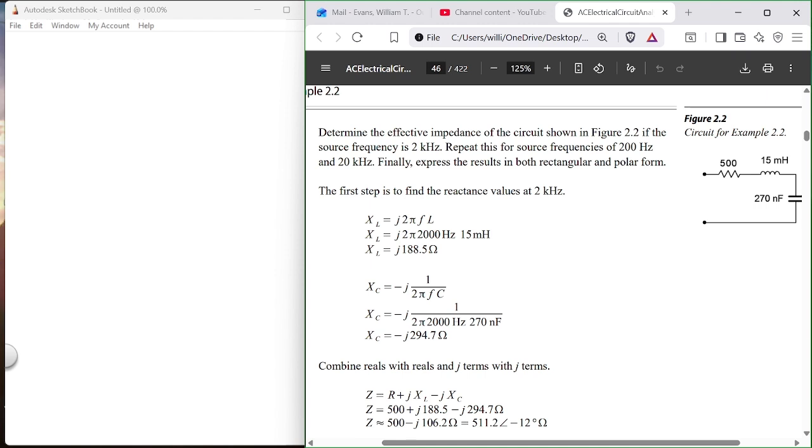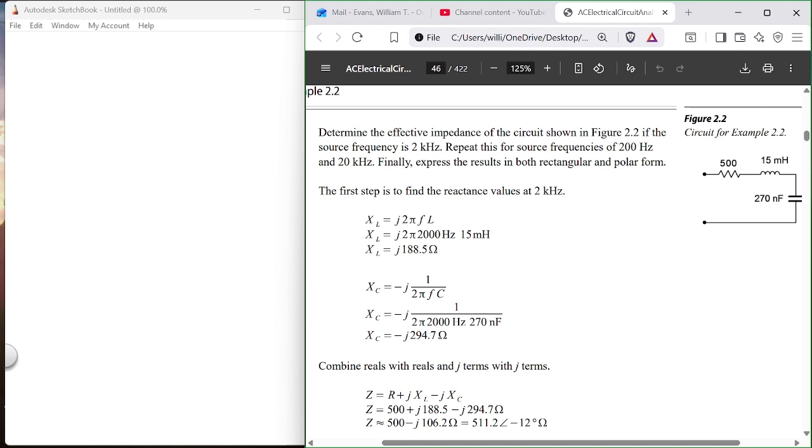Sometimes I don't. Sometimes you have to calculate that. Sometimes you don't. I'll just write the X sub C, the X sub L, and away you go. I don't even tell you the frequency. You don't need the frequency. You just need to know the X sub L, X sub C. So there's a frequency involved, but we don't even give you that frequency because we don't care.